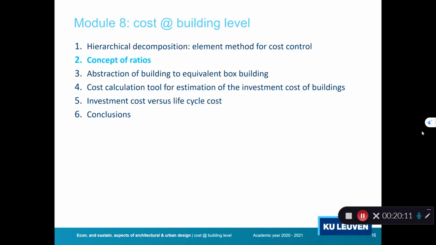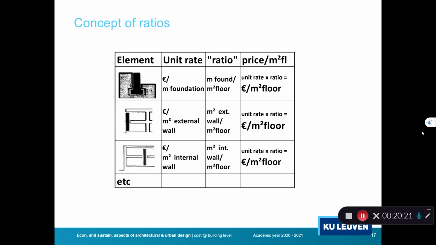And that brings us to the concept of the ratios, because this amount of element per square meter of floor is called a ratio. So if I go back to my element table, this is a table at building level. Each row is one specific element in my building.